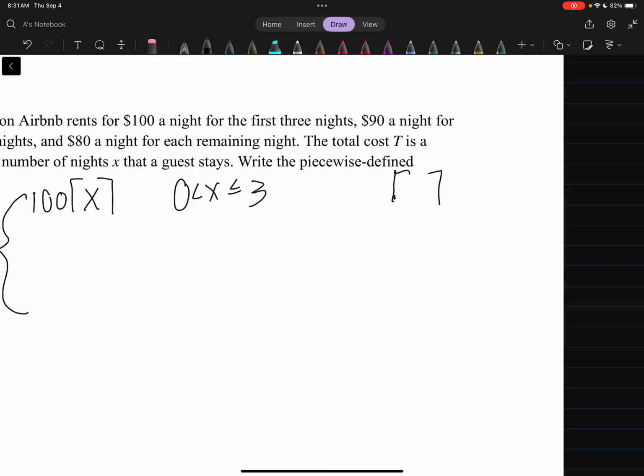Typically, for rounding, 5 or more raises the score. But if I have 0.001, this is equal to 1. If there is a decimal, you raise it up to the next number. That is what a ceiling function is.